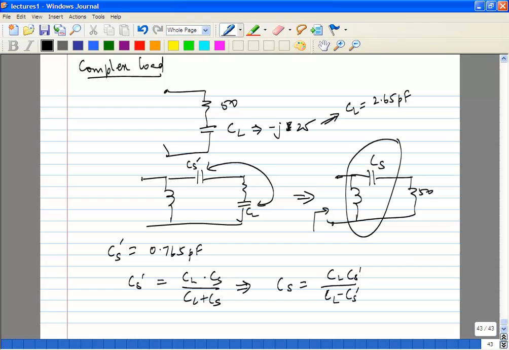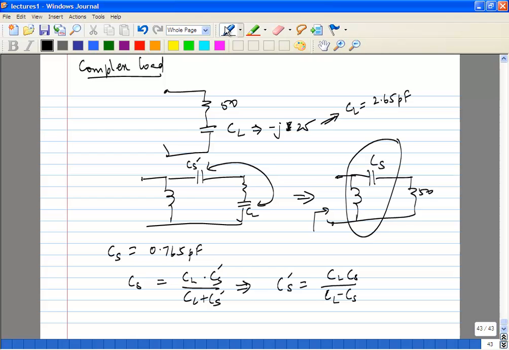So your CS is 0.765. Sorry for the confusion, I just want to make sure things are the same, so you don't see the notes and get confused.